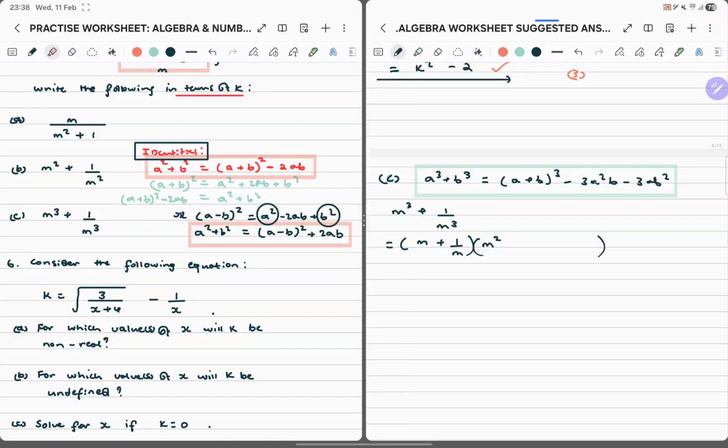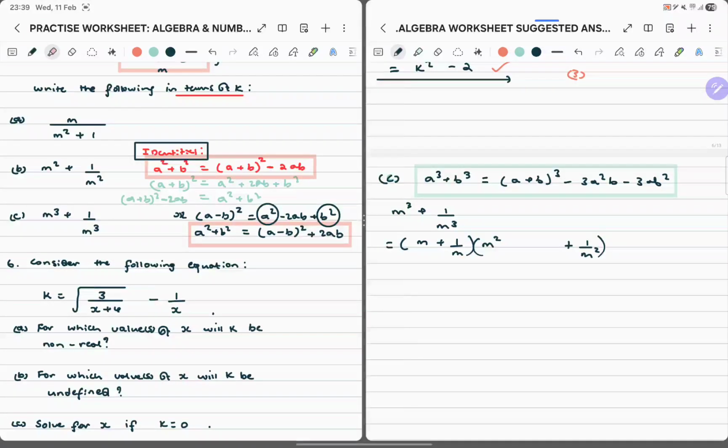We square this one, and then we want to get to this one too, so this is going to be plus 1 over m. But for us to get cubed, it must be squared too. Now we decide what happens in between.